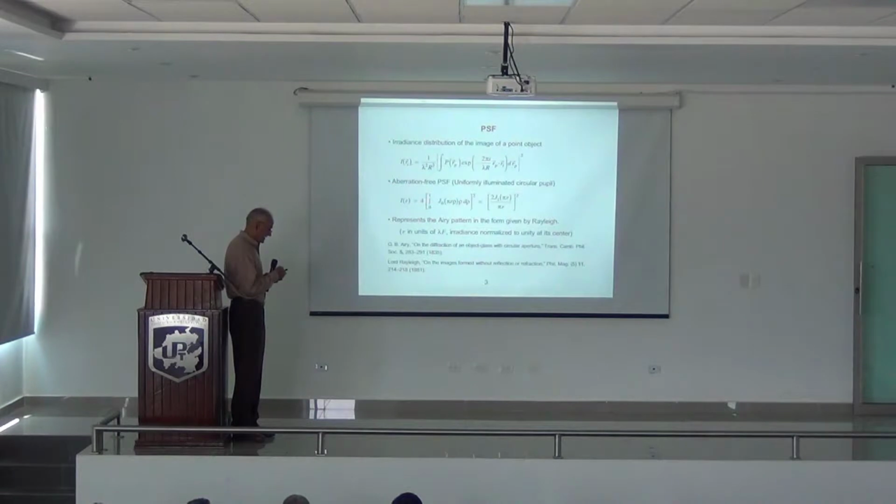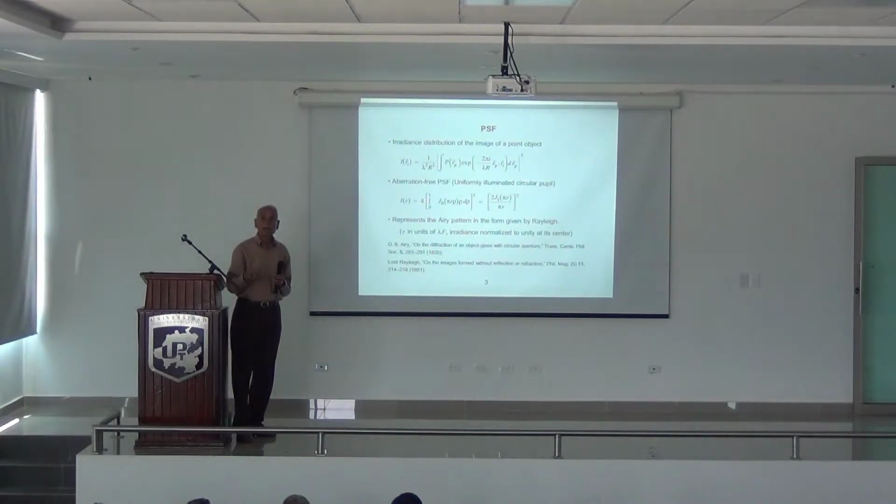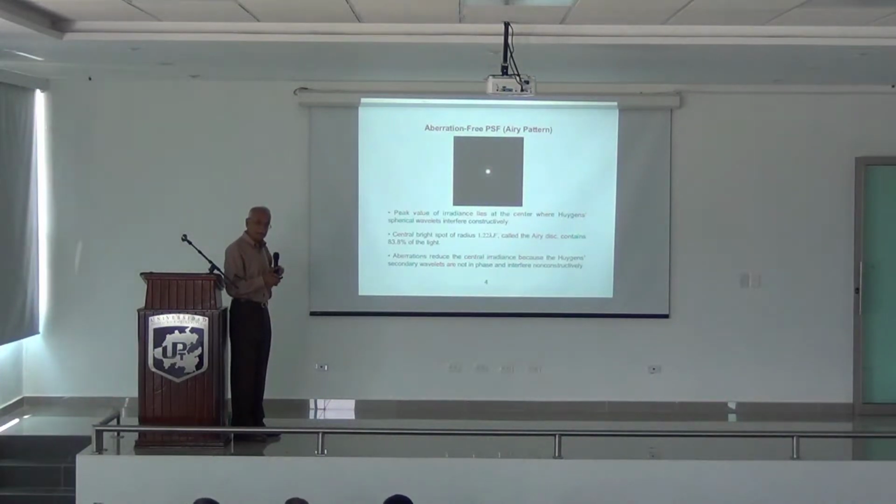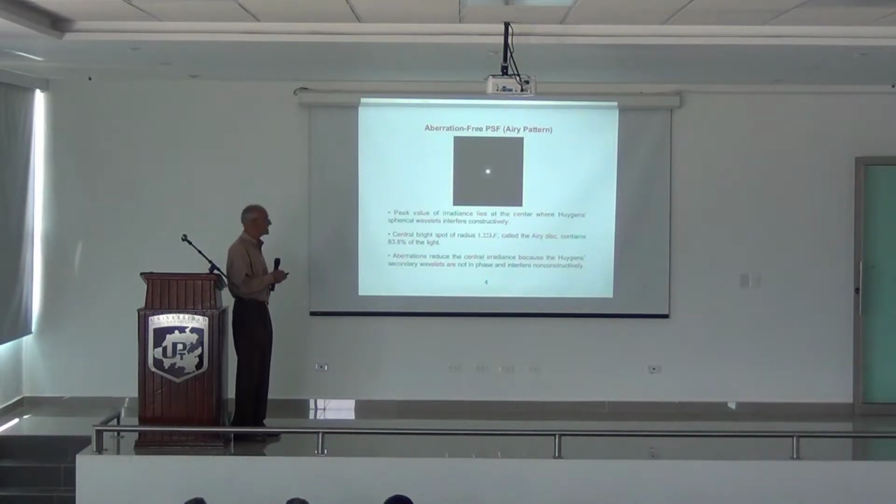So let's look at that Airy pattern. It is the image of a point object. Based on geometrical optics, you expect a point. But based on diffraction, you find there is a central bright spot surrounded by alternating dark and bright rings.